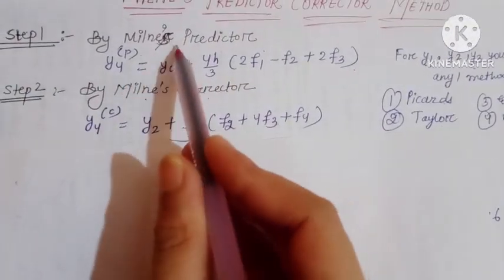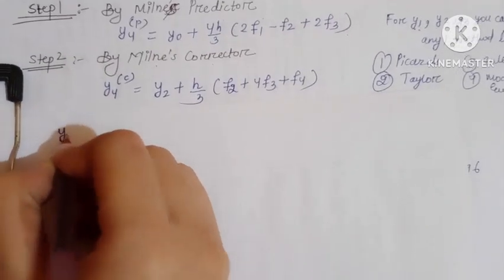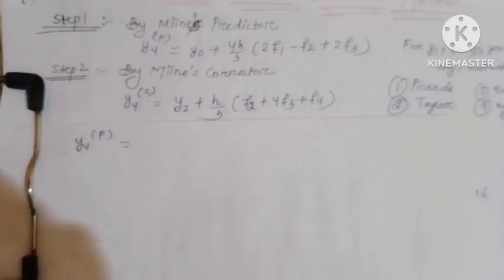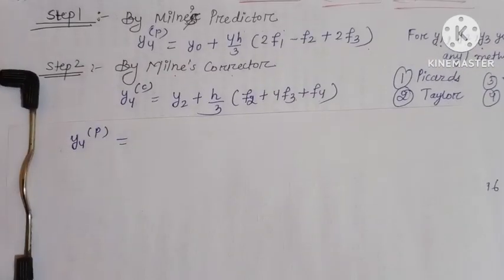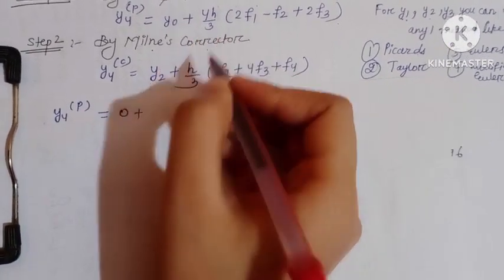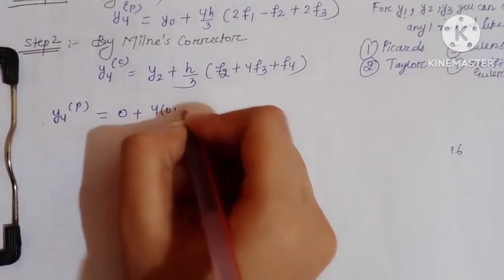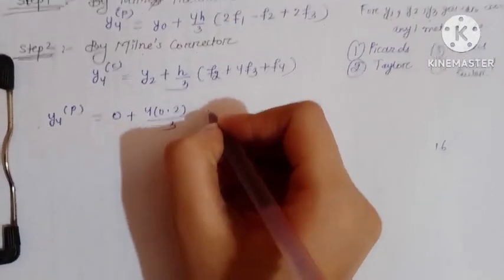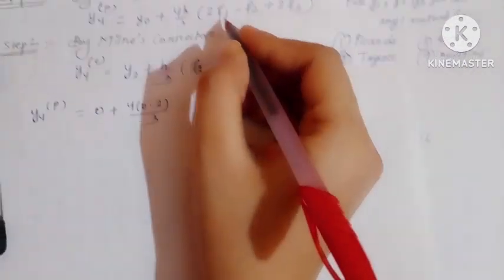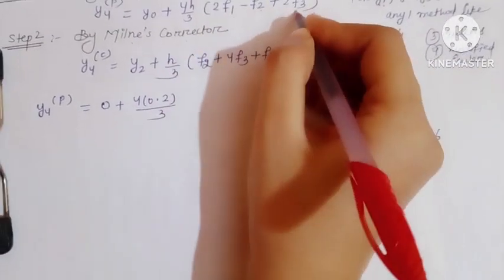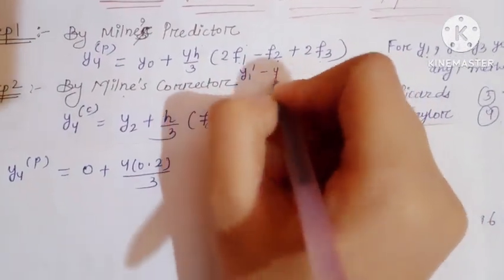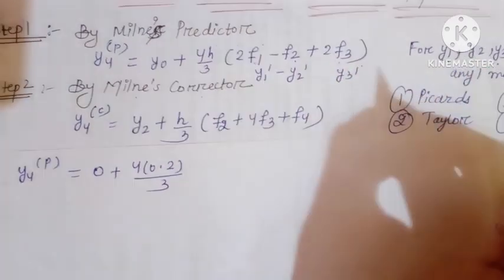First of all, Milne's predictor. So y4 p is equal to, the formula is given, so just substitute in the given formula. Y0 is 0 plus 4h, h is 0.2, by 3 times (2F1 minus F2 plus 2F3). F1 means y1 dash, F2 is y2 dash and F3 is y3 dash.